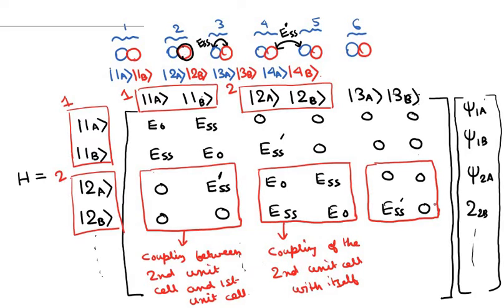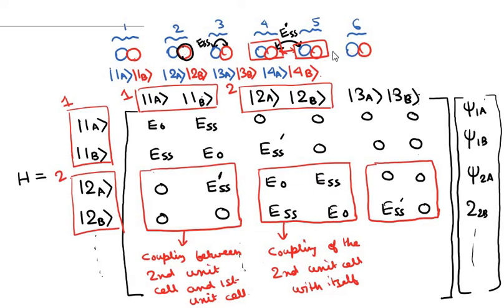Now note that the nth unit cell should only be coupled to the n-1th unit cell and the n+1th unit cell. So when we define a unit cell, we also define the nearest neighbor; the fifth unit cell should only be coupled with the fourth unit cell and this sixth unit cell over here.